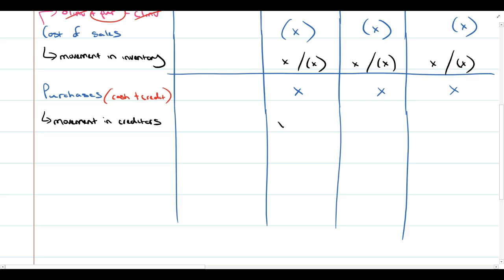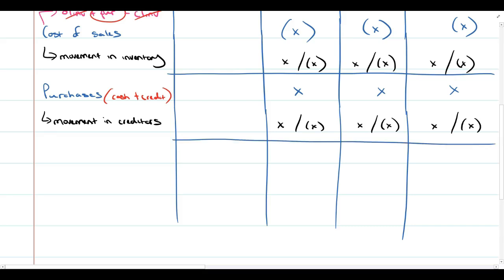And by taking the movement in creditors into account, I am then going to be left with my cash purchases. And think about this logically, guys. That's exactly what we want. We don't want cost of sales in our calculation. We don't want our cash and our credit purchases.